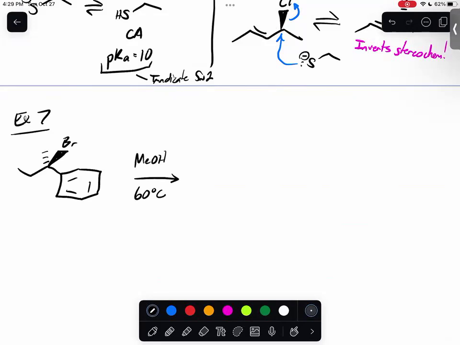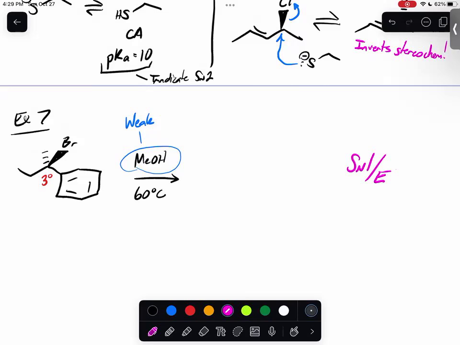Well, for this, starting out, we see that our leaving group is on a tertiary carbon. That tells us that this cannot do SN2 right off the bat. And the other thing is looking at this, there's no charges. So this is a weak nucleophile slash base, which immediately tells us that this is SN1 and E1.